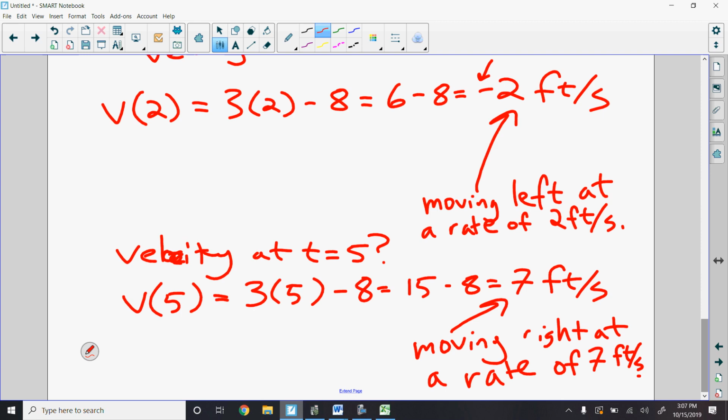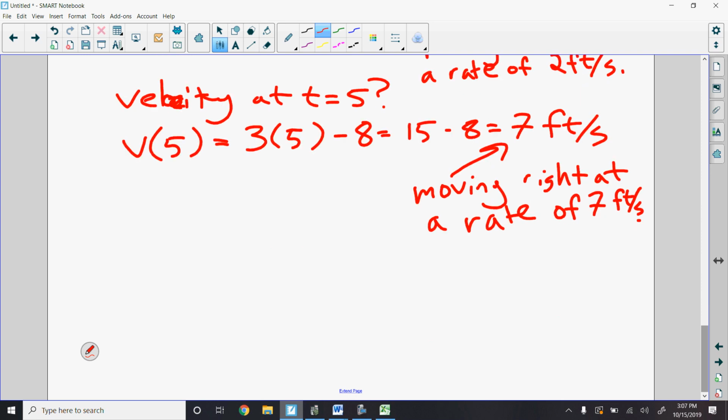Okay. One more thing with velocity. On this AP exam, they're going to ask you about speed from time to time. Your ears need to perk up, or your eyes need to perk up, when you see the word speed, because we need to be careful.